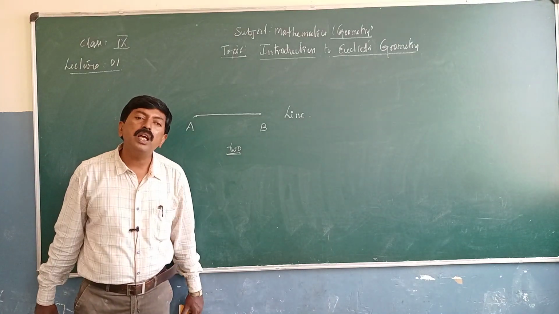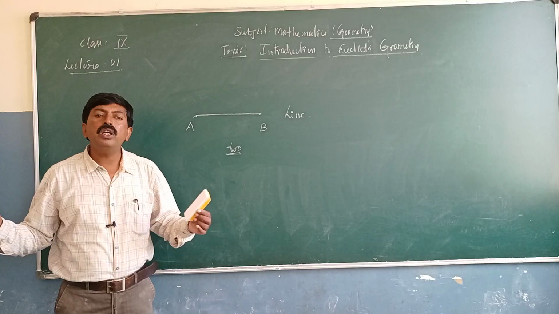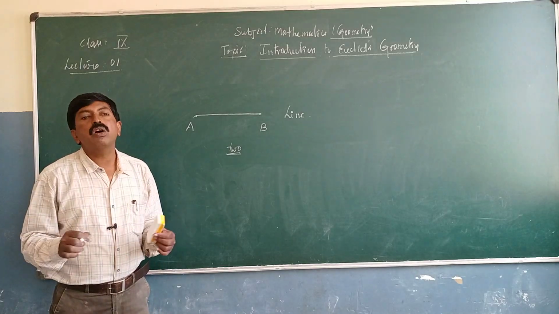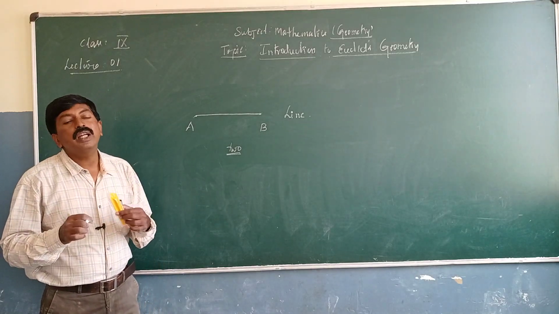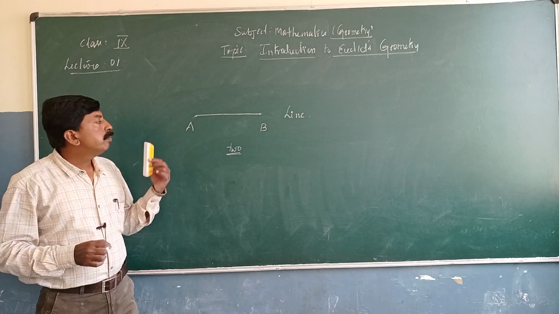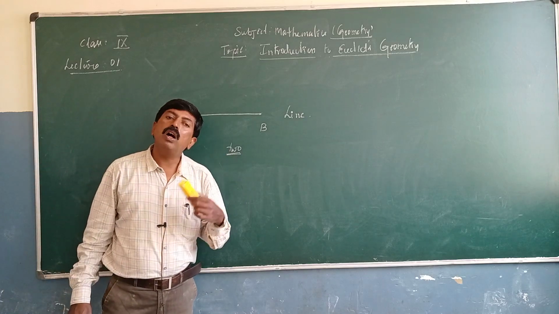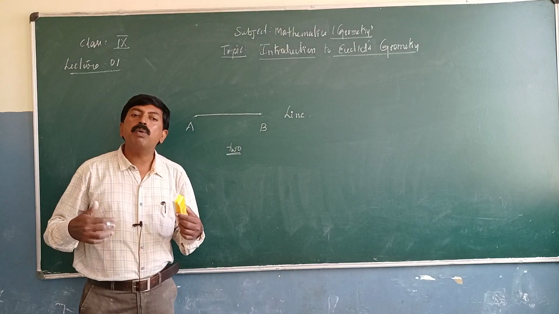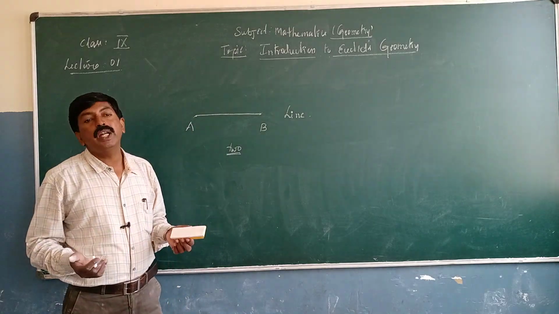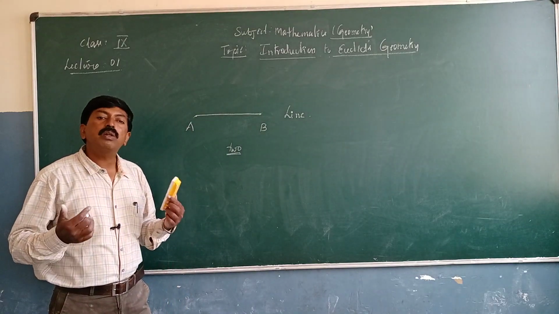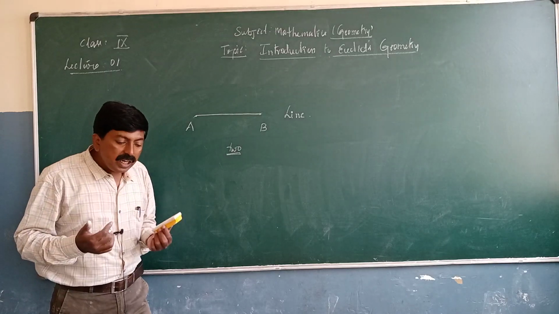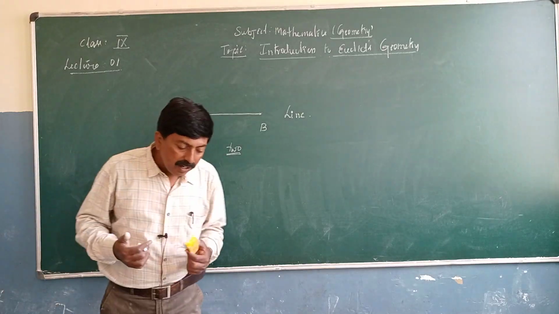Therefore, what is a line? A line is joined by 2 points. Remember, many points we can plot on a line, but a line is formed by 2 end points. That's what we call a line.